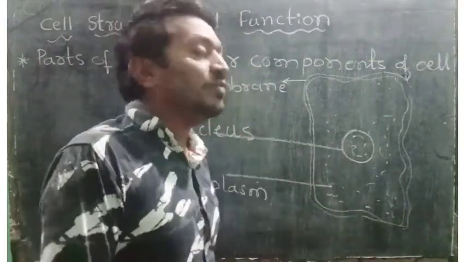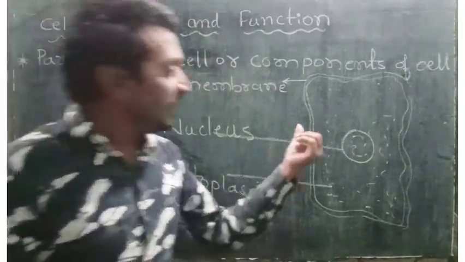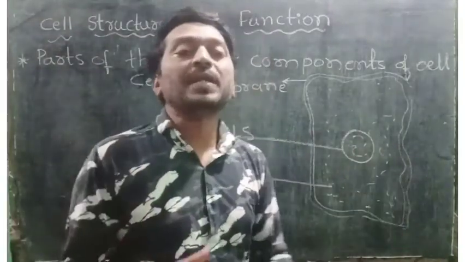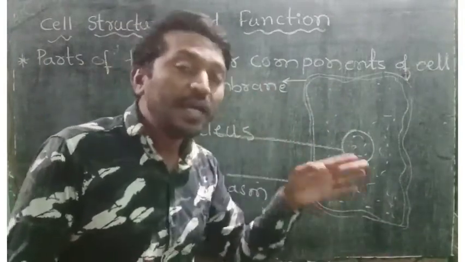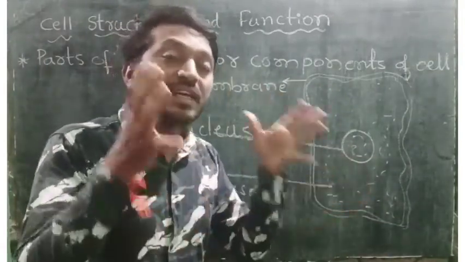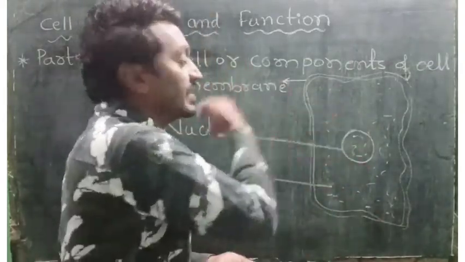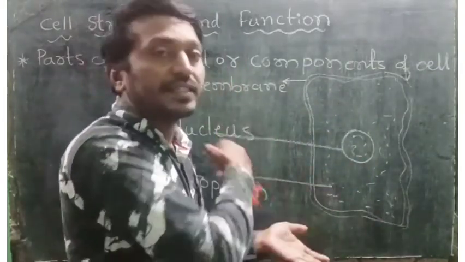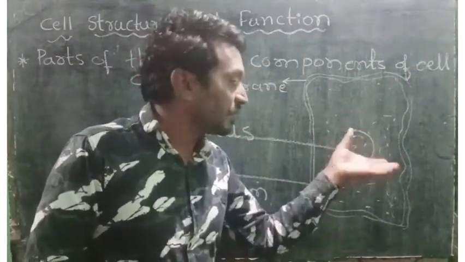The main function of the cell membrane is that it allows the entry of necessary substances into the cell and the exit of unnecessary substances from the cell.